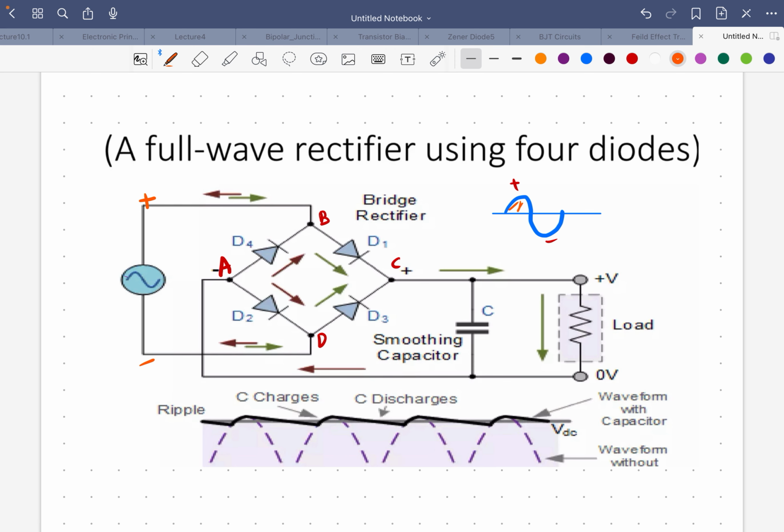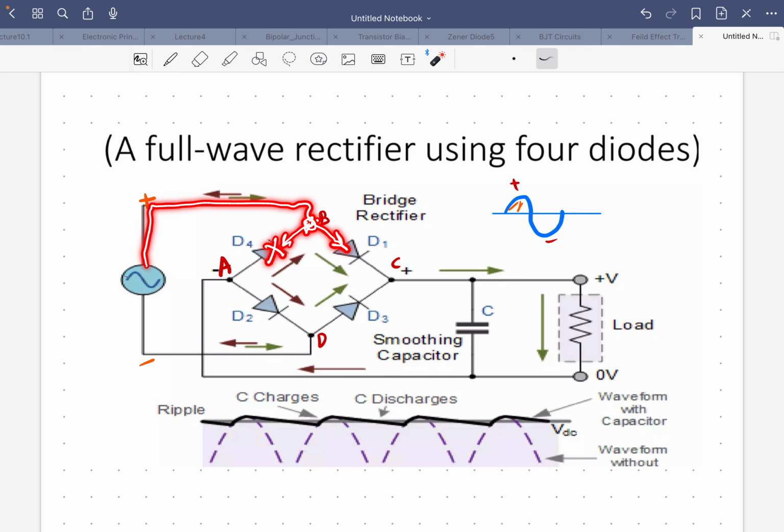So when the conventional current moves from the source to the positive side, it will reach up to point B. At point B, we have two choices, either to go to diode number 4 or to go to diode number 1. We clearly see diode number 4 is connected in reverse bias, so we cannot go through diode number 4.